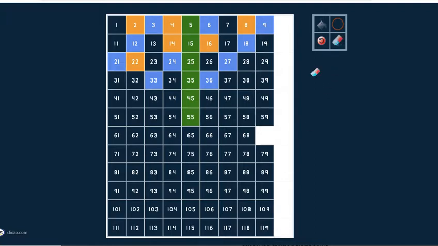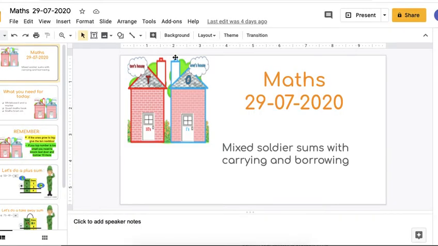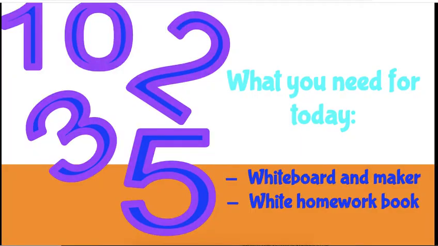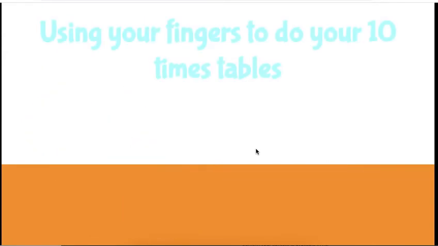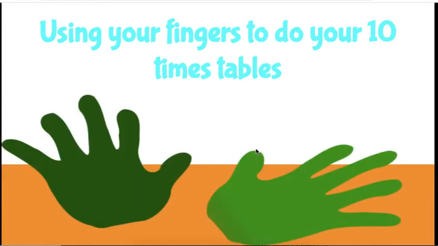So those are counting. So I hope on the whiteboard you've counted in all of your numbers, 2s, 3s, 5s, and 10s for me. Super. Right. So now that we've done all our counting, let's remember we can use our fingers, starting with the 10s.